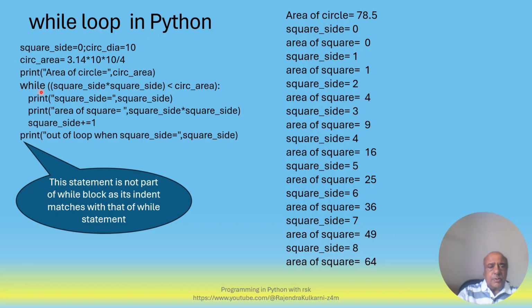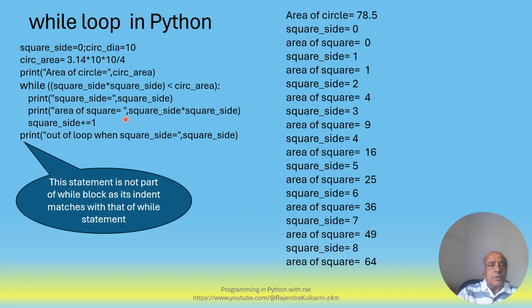In this while loop, first of all, the area of the circle is displayed here, 78.5. This while loop will continue till the area of a square, given by the square of its side, is less than the area of the circle. The first value that square_side assumes is 0.